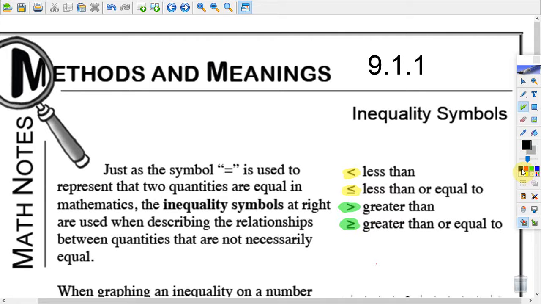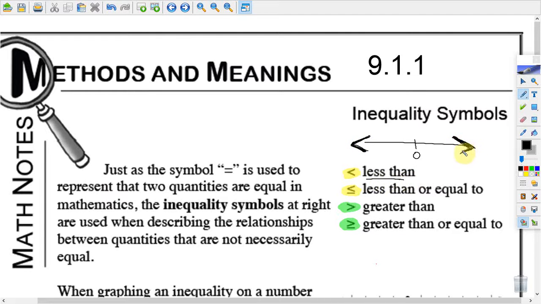You probably learned about the alligator eating the fish in elementary school. I like to think about the inequality signs like this. If I were to draw an x-axis or a number line, the end of that number line has two arrows on it. It has an arrow pointing to the left and an arrow pointing to the right. The one pointing to the left, or pointing to the negative numbers, is the less than.